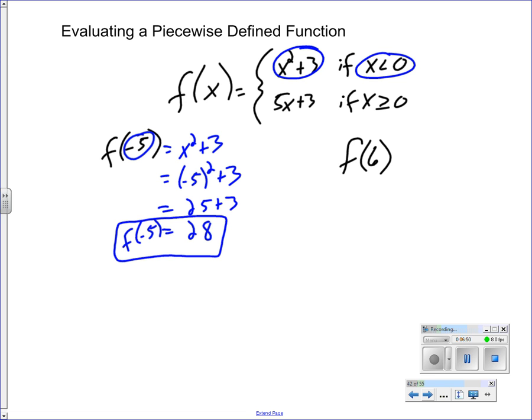We have to make sure we're looking at the correct subdomain and following the correct rule for where that number is. So for +6, we're not going to use that top rule, we're going to use the bottom rule, because x is greater than or equal to 0.